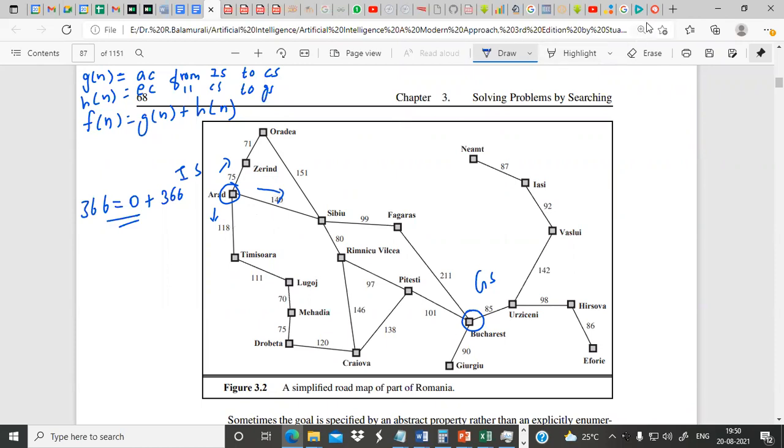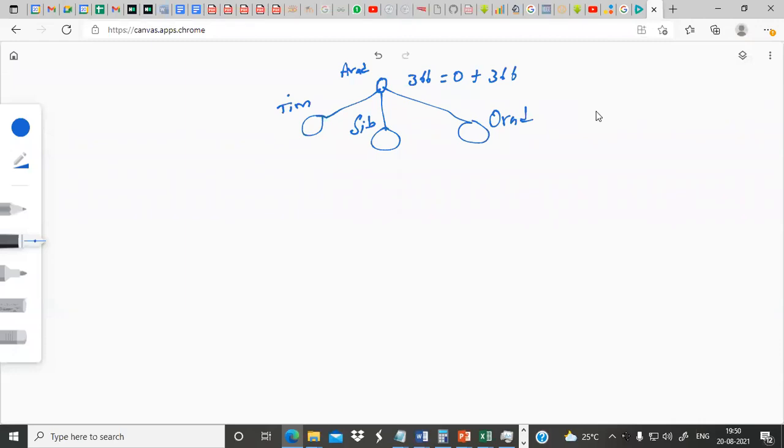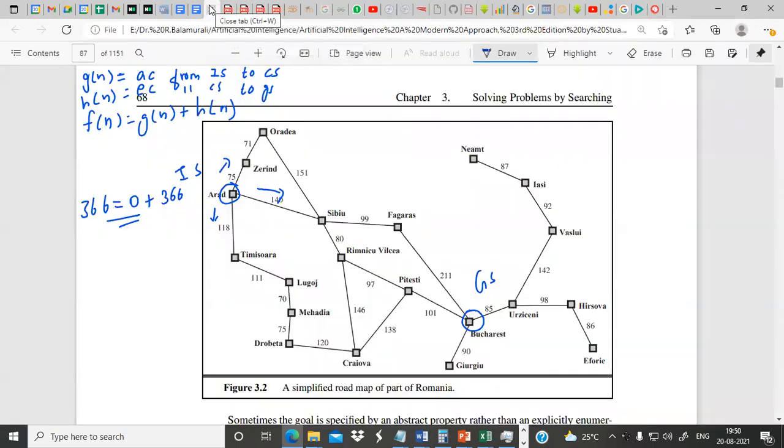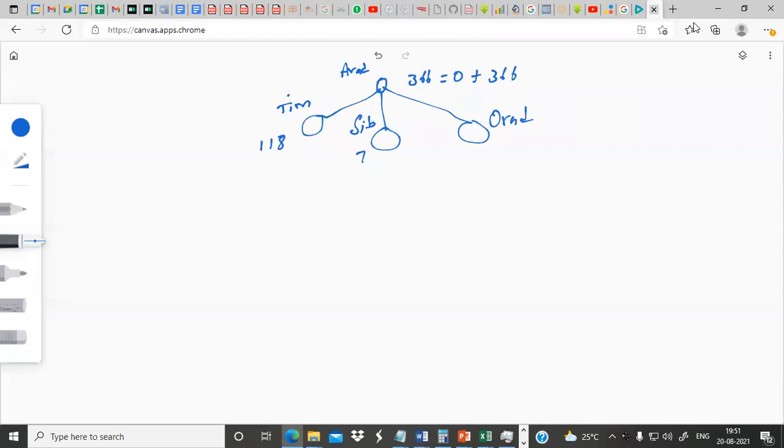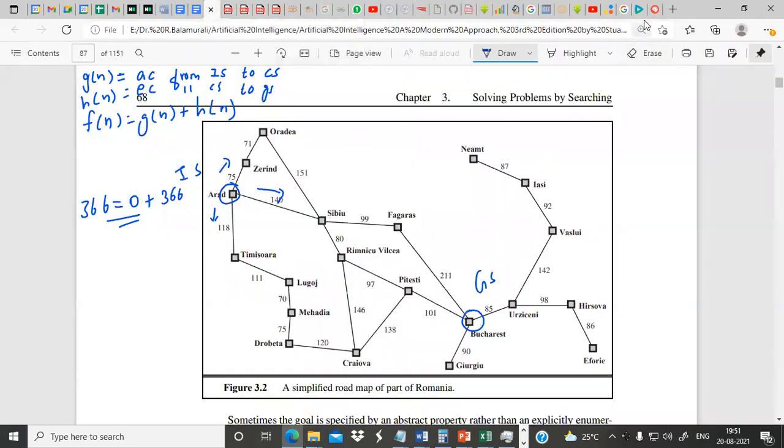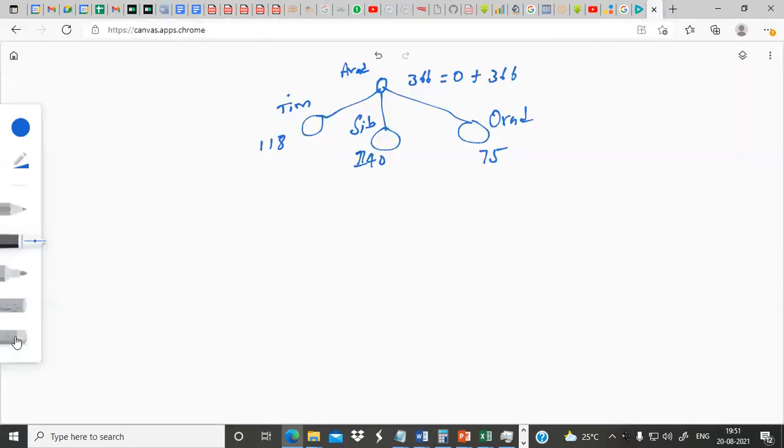So it can reach Timisoara at the cost of 118, it can reach Sibiu at the cost of 140, and it can reach Zerind at the cost of 75.